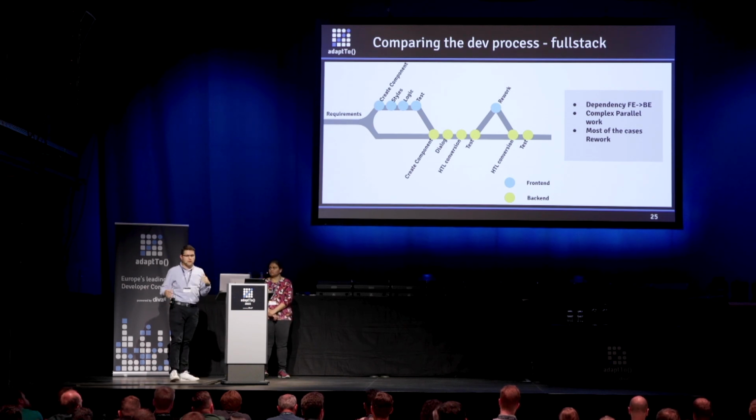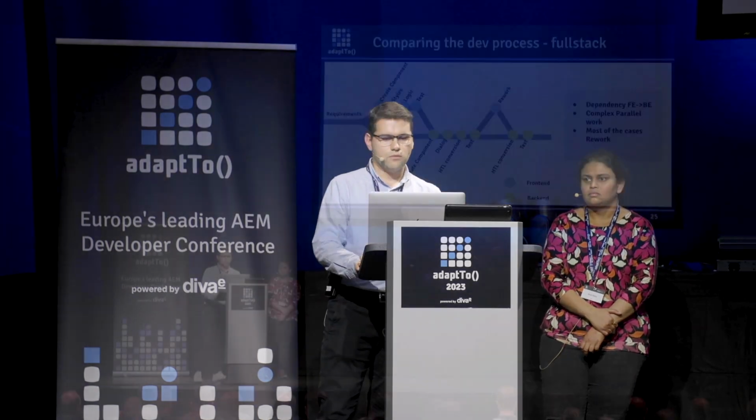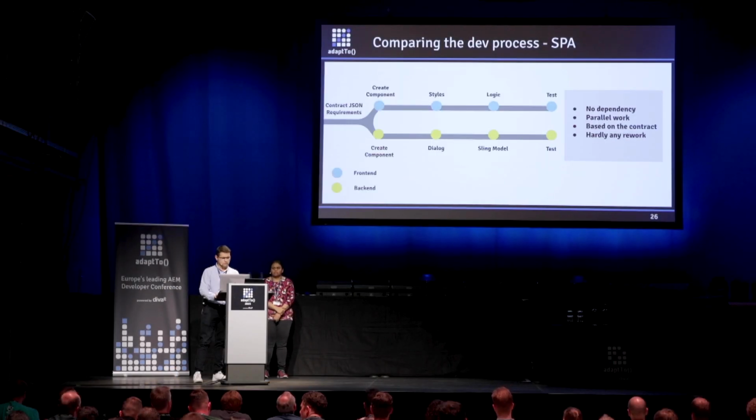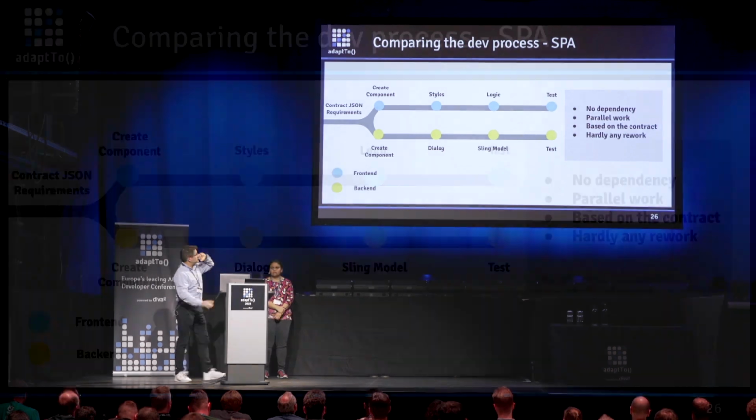What we saw is that there is a lot of dependency between front-end and back-end. I mean, we need to wait for them. And it's complex to do parallel work, because since the HTML is not fully done, we cannot just say, okay, we are going to make this dialog and everything will be there. And in most cases, we need to do rework. That's our experience there.